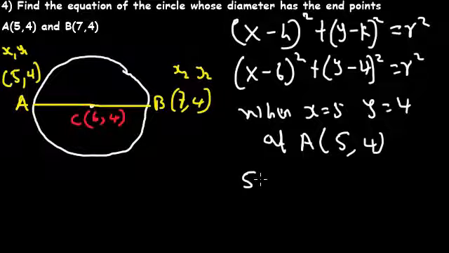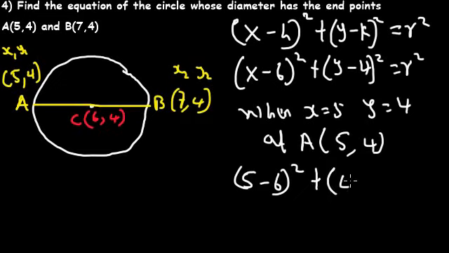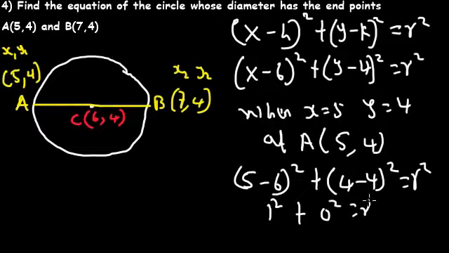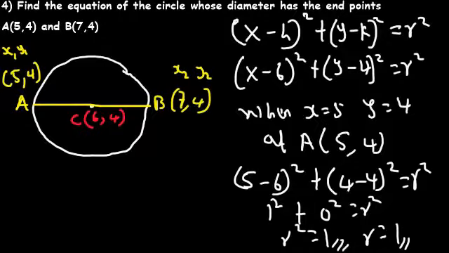So now we have 5 minus 6 all squared plus 4 minus 4 all squared equals r squared. 5 minus 6 is negative 1, squared is 1, plus 4 minus 4 is 0 squared equals r squared. Eventually, r squared is simply 1 and r is also equal to 1. And that is the radius of the circle.